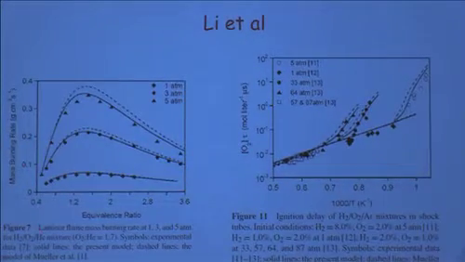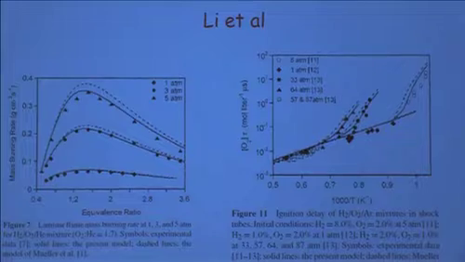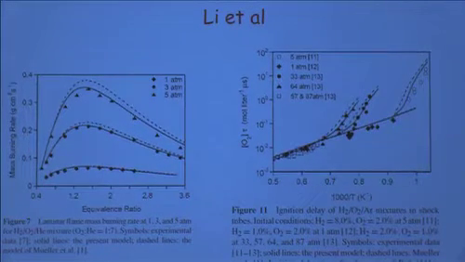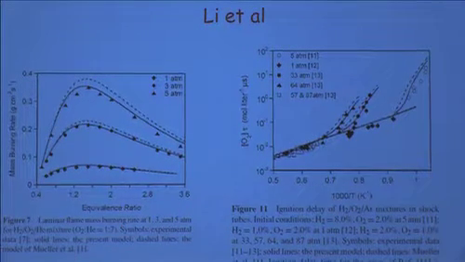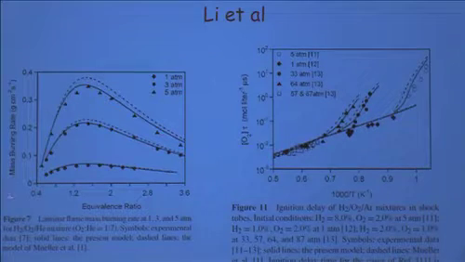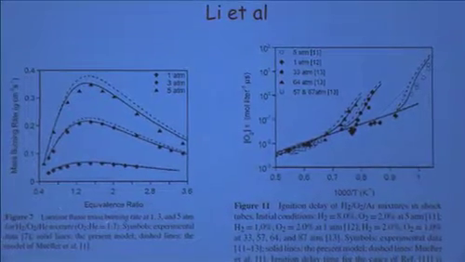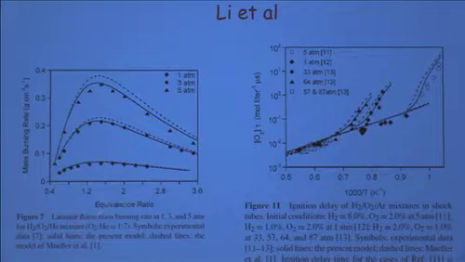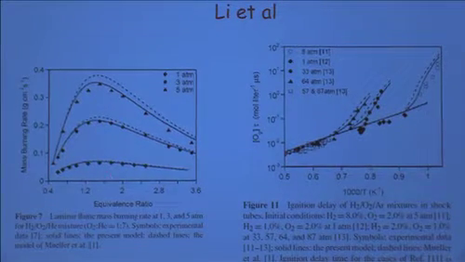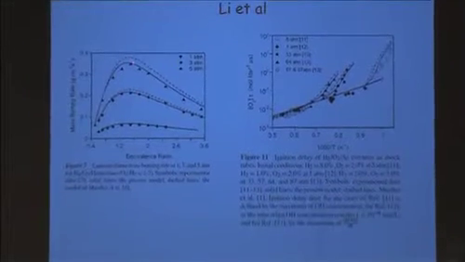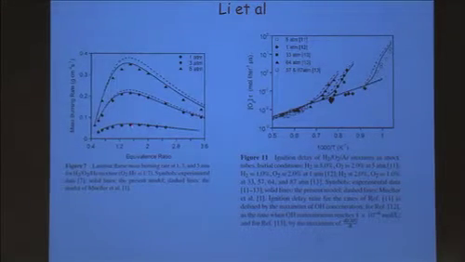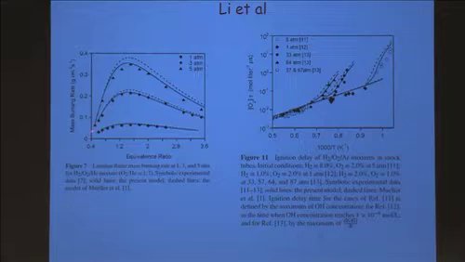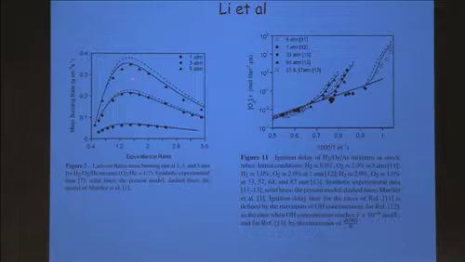So here are some examples of using these mechanisms to compare them with experimental results. So these are laminar flame mass burning rates at different pressures, 5 atmospheres, 3 atmospheres, 1 atmosphere. And these are the results of simulations using mechanisms.